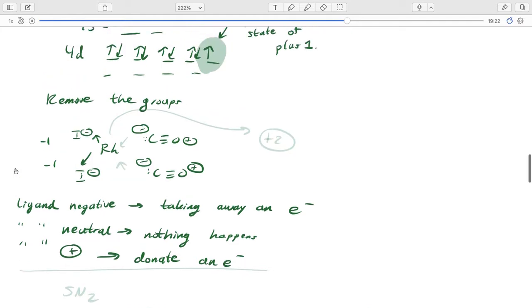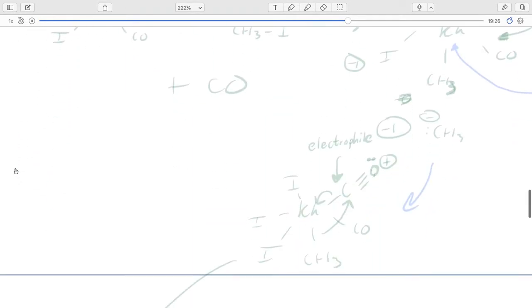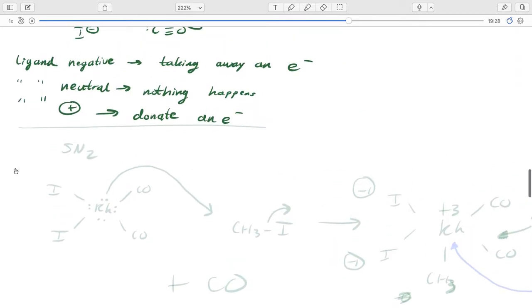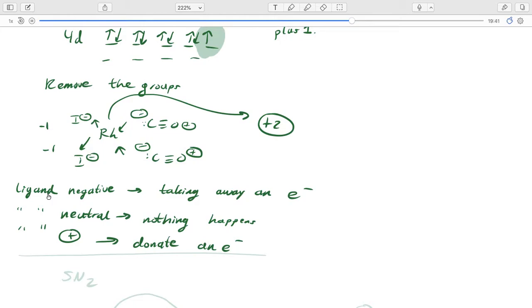This overall complex is actually -1. Sorry about that. And so the neutral elements do nothing. So rhodium right here, because it's lost 2 electrons, its state is +2. +2 for its oxidation state.